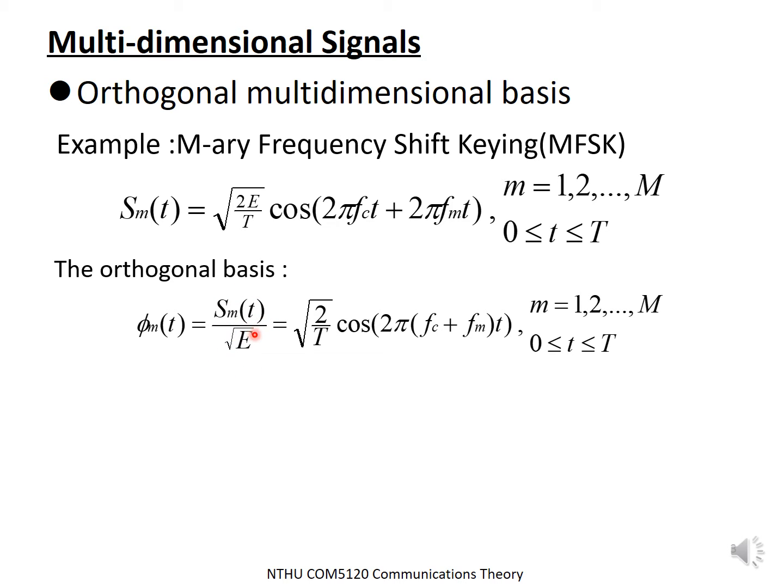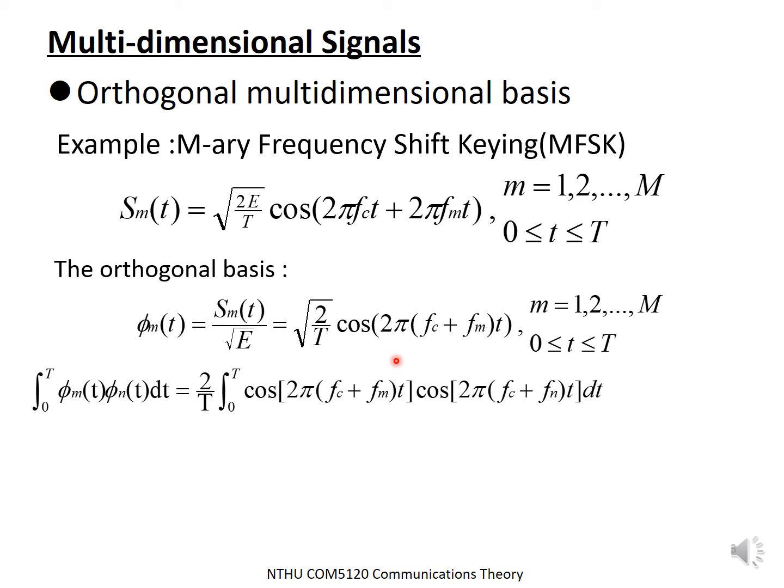By normalizing each waveform, we can obtain the basis. This is because every signal waveform has to be orthogonal, so that by doing the normalization we have an orthogonal basis with unit energy.